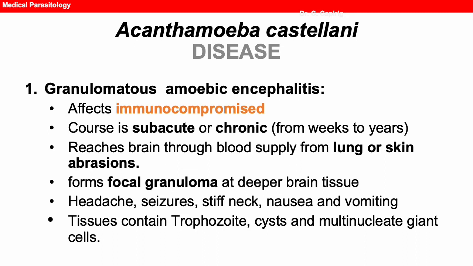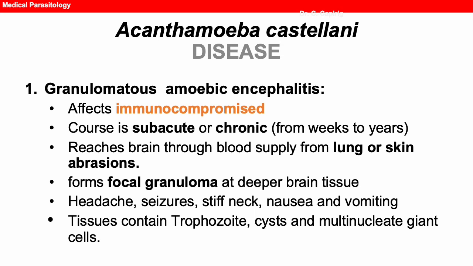And the type of meningoencephalitis is usually hemorrhagic meningoencephalitis. But for Acanthamoeba castellani, the population of people infected are immunocompromised. They are purely immunocompromised, meaning their immune system is down. So if you go swimming in the pool or the lake and you accidentally inhale water containing Acanthamoeba castellani and you are healthy, then more likely than not, you will not be infected.